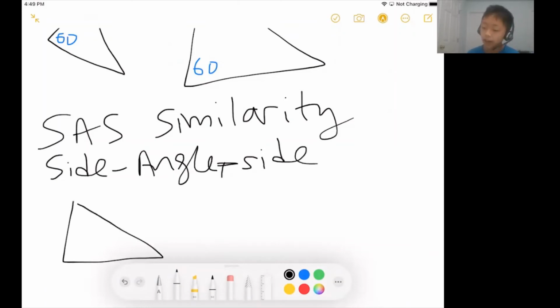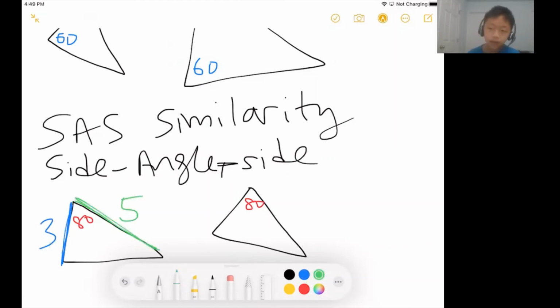If you had two triangles, and let's say we knew one of the angles was 80 degrees. And let's say we knew the two side lengths of the first triangle: one of the side lengths was 3, and the other side length was 5. Let's say the second triangle has that 80-degree angle, but the sides have length 6 and 10.